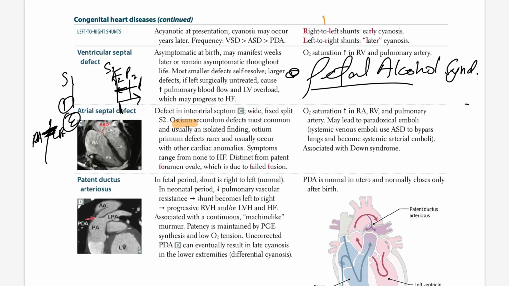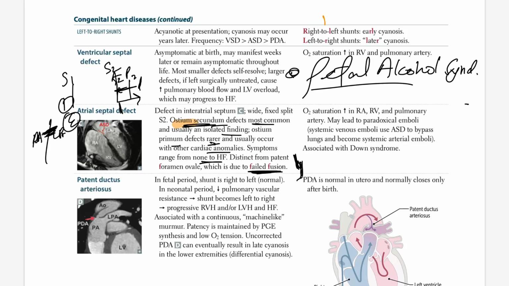So ostium secundum defect is most common. Ostium secundum was the second one which came down, right? So this is a problem in ostium secundum. Usually an isolated finding. Ostium primum defect is rare and usually occurs with other cardiac anomalies. Symptoms range from none to heart failure. Distinct from patent foramen ovale, which is due to failed fusion. PFO is failed fusion of the ostium secundum and ostium primum.